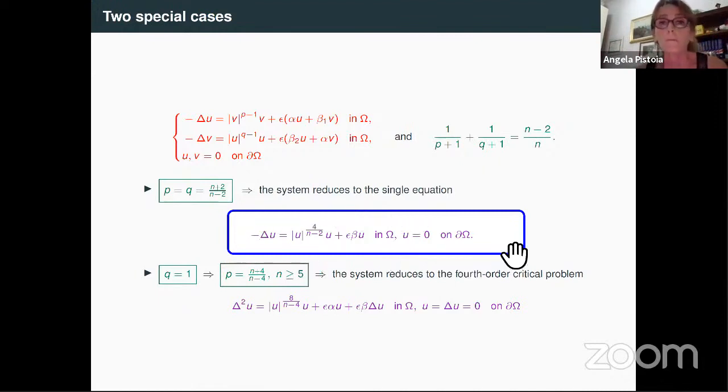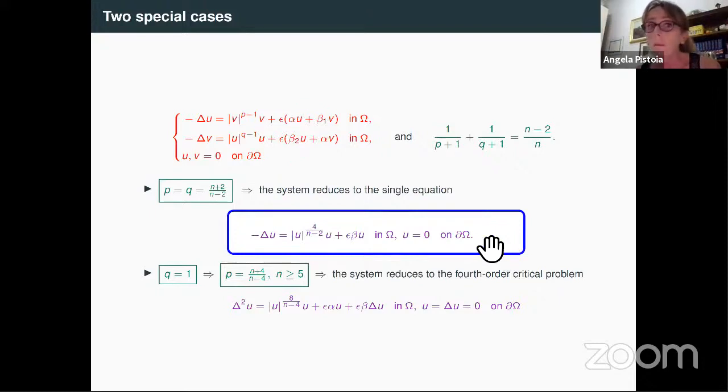This is in the blue box here: minus delta u equal u to the power 4 over n minus 2 times u. p equal q means that they are equal to the critical exponent. This is critical for the Sobolev embeddings. And the system reduces to the single equation here.